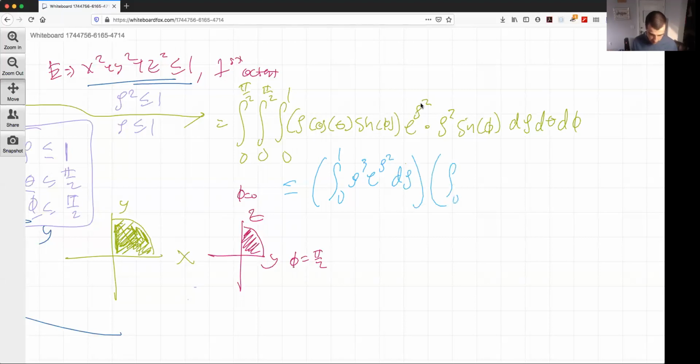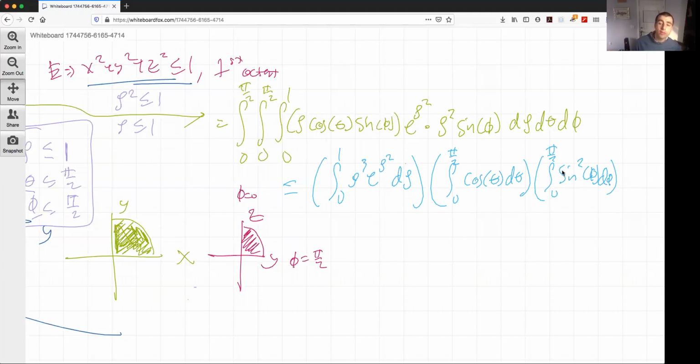I would then have 0 to pi over 2 of, I'm going to use my theta here, cosine. And lastly, I would get a sine squared of phi from 0 to pi over 2. And I will stop here. But this is not too bad to integrate.